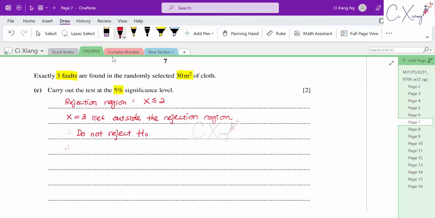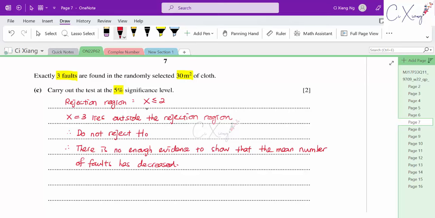And if we do not reject the null hypothesis, it means that there's not enough evidence to show that the mean number of faults has decreased. Okay, so this is how we carry out the test by looking at the value of x and also the rejection region.